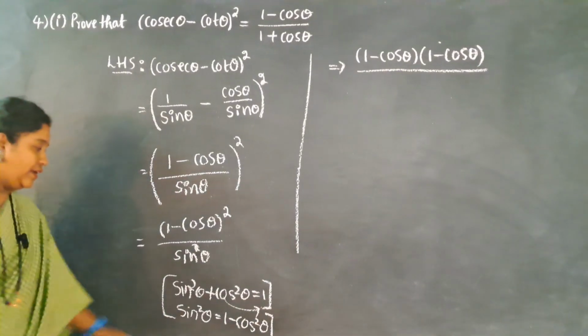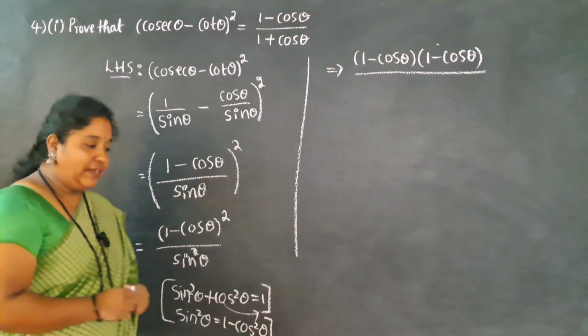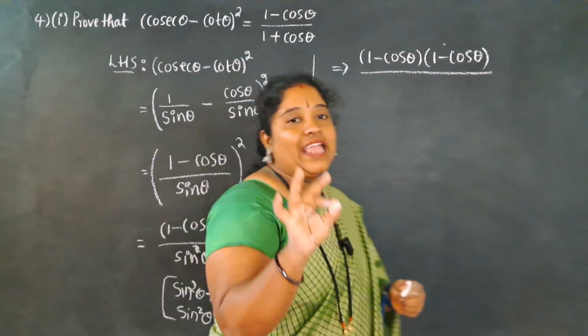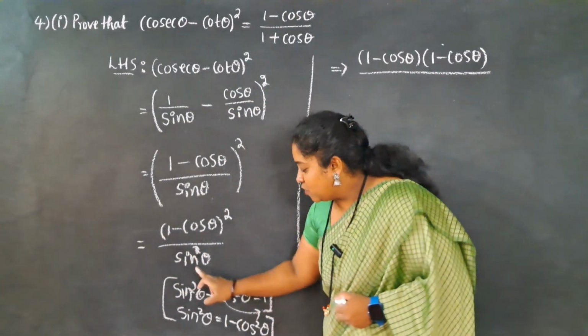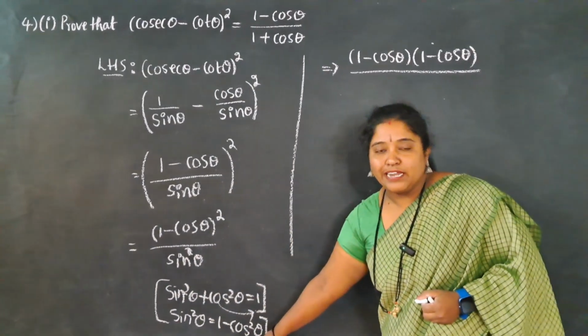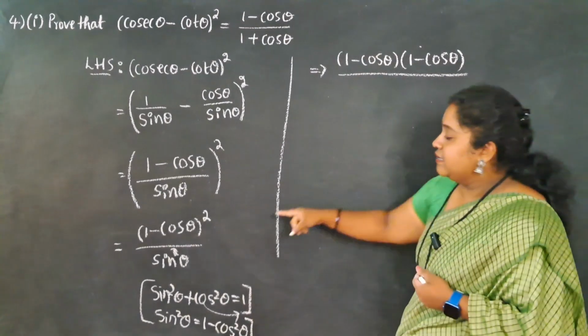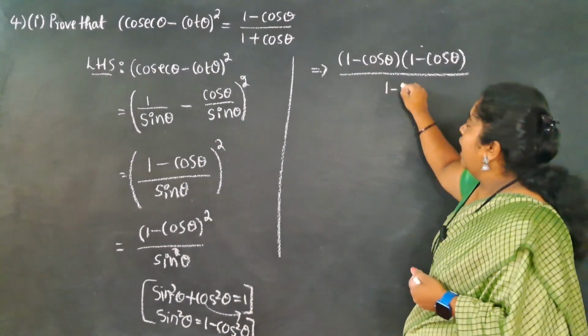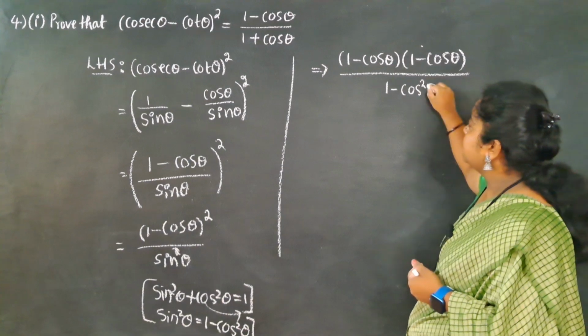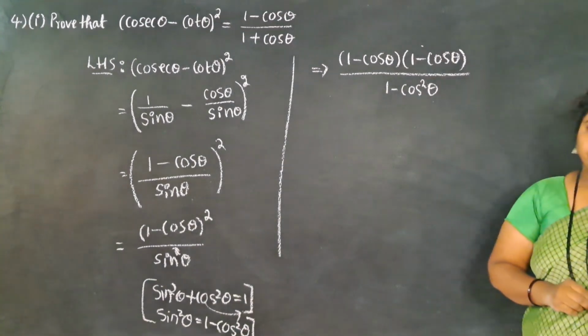Means I can substitute sine square theta as 1 minus cos square theta. Okay, let me substitute here. Instead of sine square theta, I'll be writing 1 minus cos square theta.